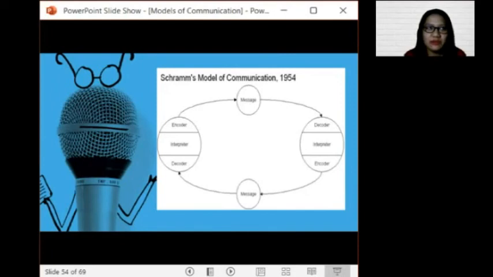So when we say field of experience and overlapping of field of experience, which Wilbur Schramm already added in his model, it's, for example, when a certain person or a certain group of people try to talk to you in a language that you are not used to. Of course, whenever they are talking, you won't be able to relate with them.